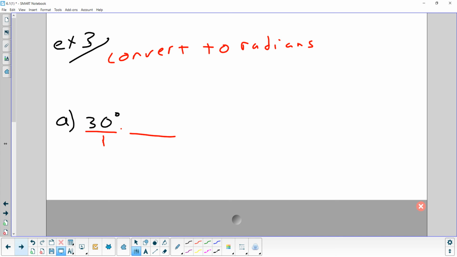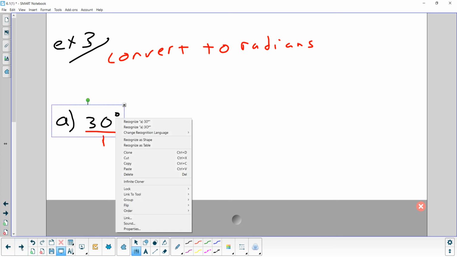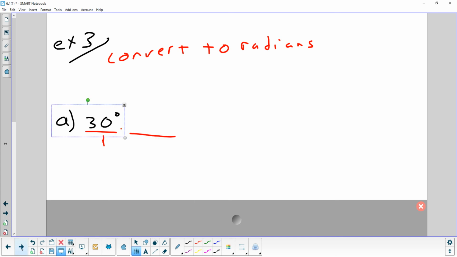The goal here is to get rid of this degree symbol and end up with radians. You have a degree symbol in the top. Where would the degree symbol have to go in this fraction to cancel it out? Top or bottom? Tyler? The bottom. It'd have to go in the bottom. If the degrees are in the bottom, that means the radians are going to be in the top.